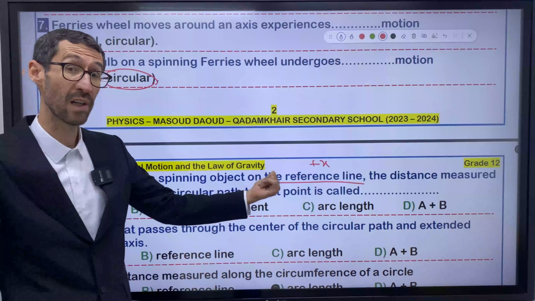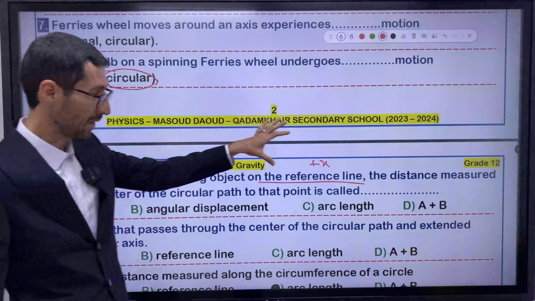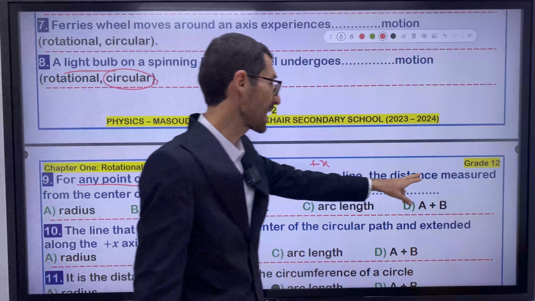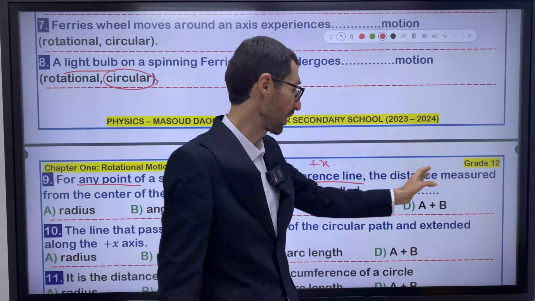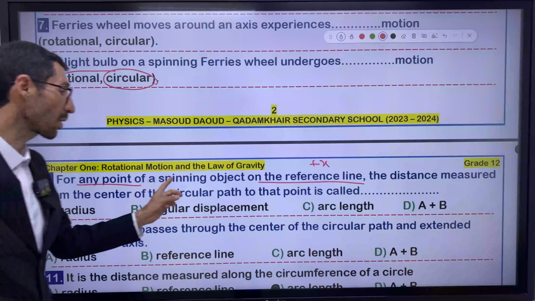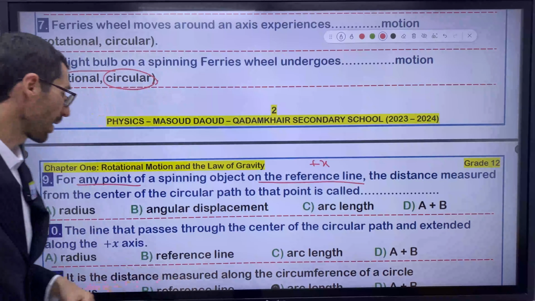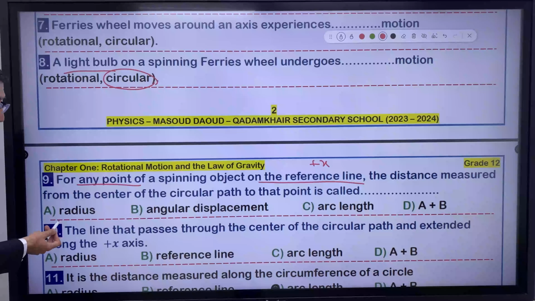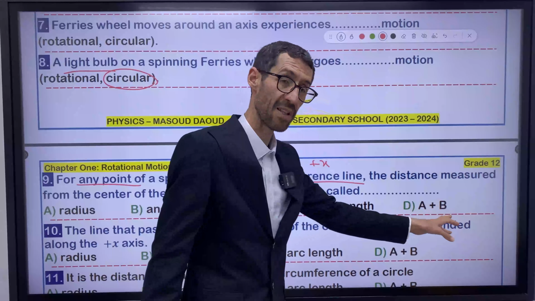This is our zero level. There's a point on this reference line. The distance measured, look here, this is the definition. The distance measured from the center of the circular path to that point is called what? Is it radius? Is it angular displacement? Is it arc length, or A plus B?